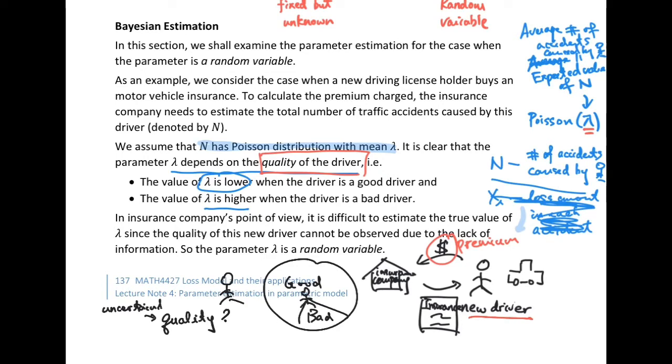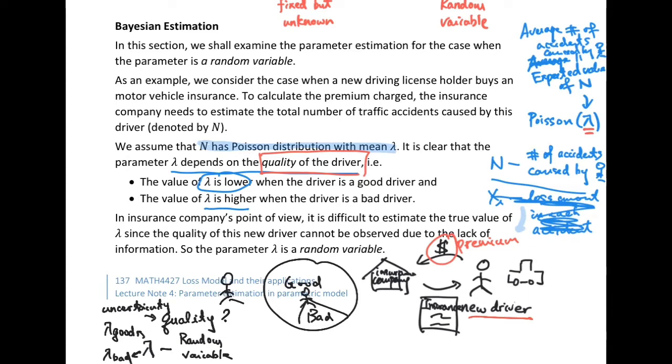Because of that, they don't know the true value of lambda, so actually this lambda will now become a random variable. That means with some probability this lambda happens to be small if the driver is a good driver, or with some probability it may be equal to a large value if the driver is a bad driver.